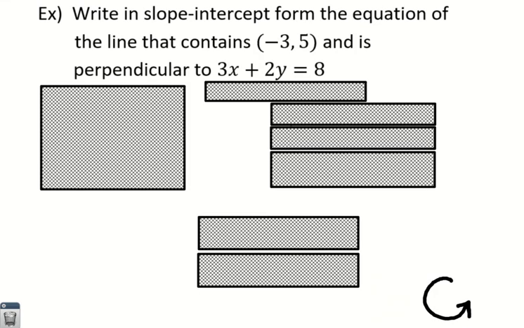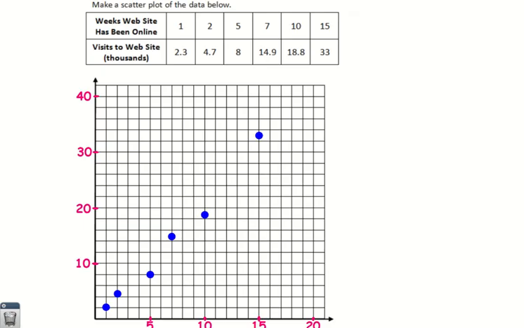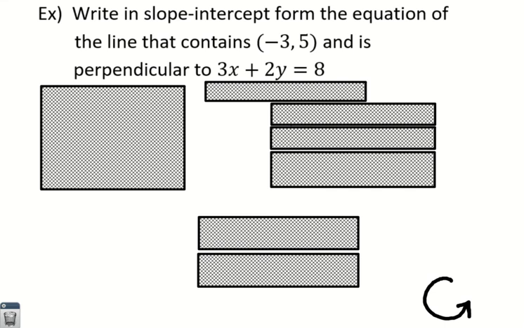And this last, I believe it's the last example. Well, for now anyway, until section 2-5. Yeah, this is the last example. And this problem is going to be very similar to the previous example.